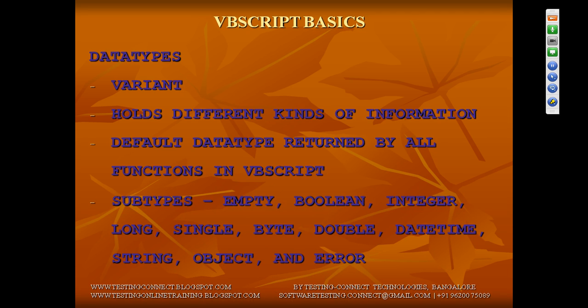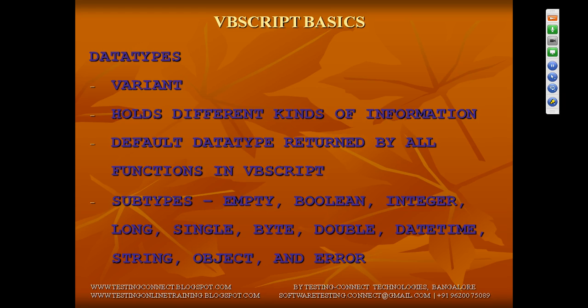Here in the variant data type, different subtypes you come across: empty, boolean. What do you mean by boolean? Once you define a variable as boolean, there you can store boolean type of data, true or false. At that time you can go for boolean.